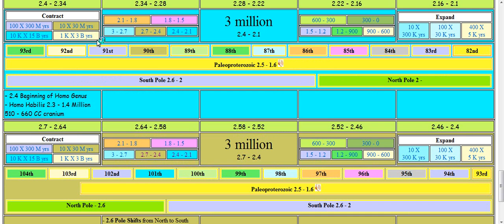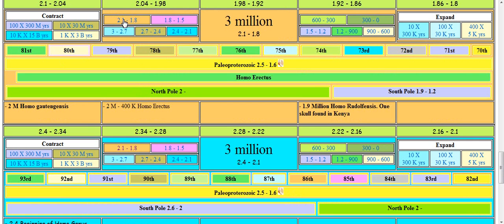So here's the beginning of Homo genius, 2.4 million years ago. Homo habilis, 2.3 to 1.4, and they had a cranium that was about a third of the size it is now. And I will have a line that has them living down here. So Homo erectus started here, and now he lives during the Paleoproterozoic.